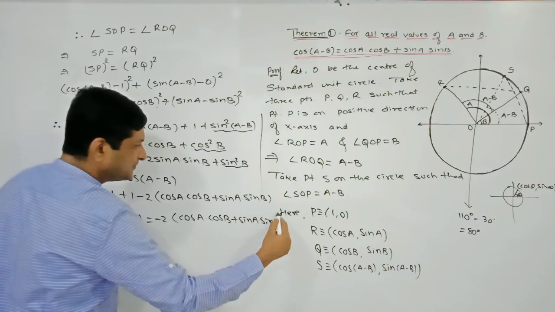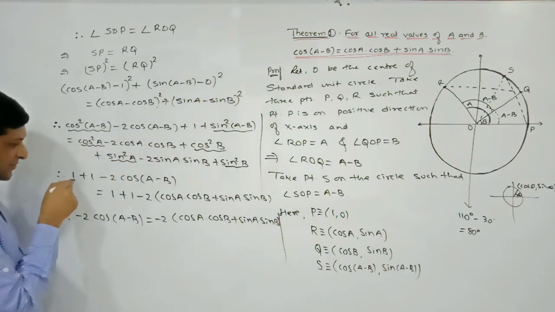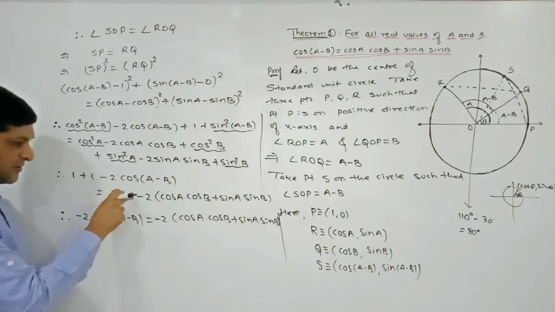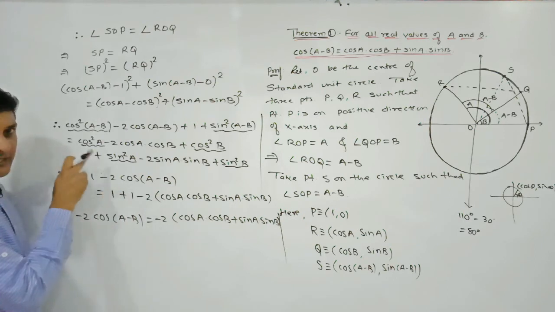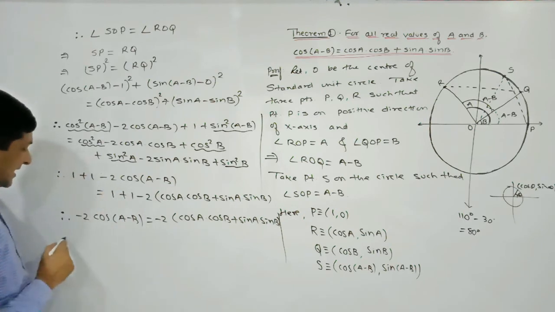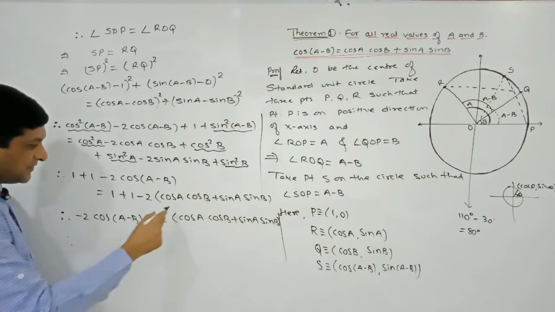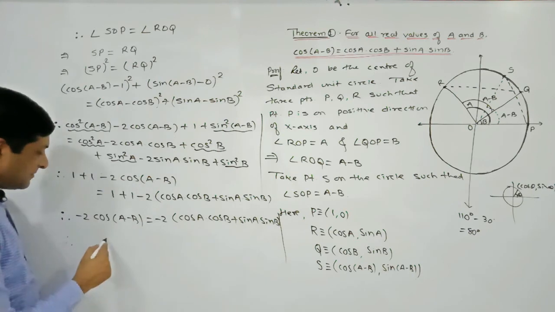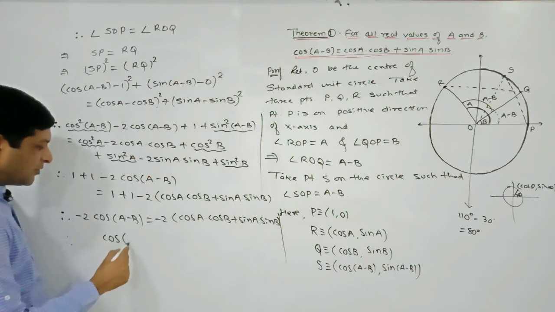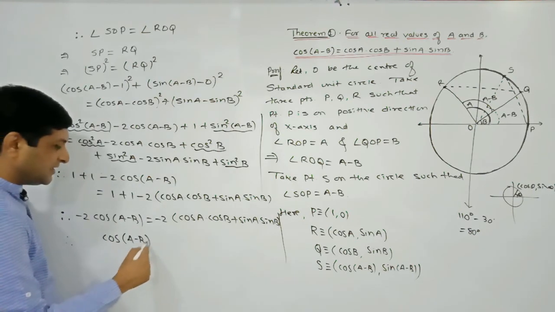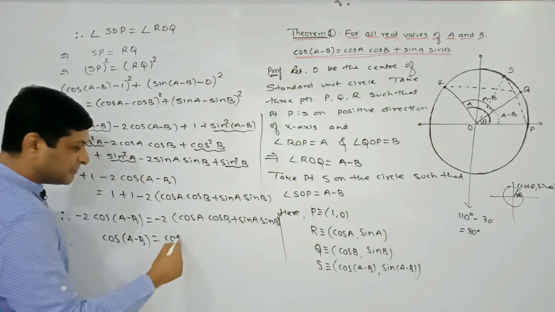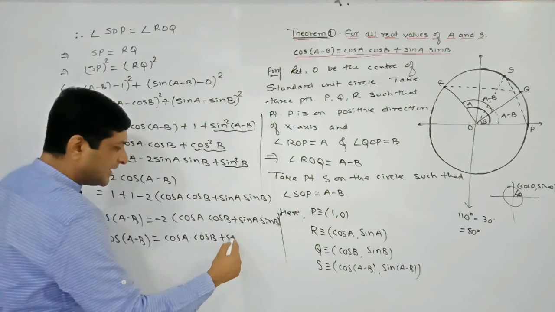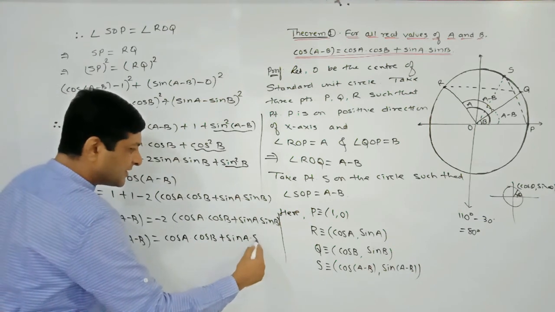Just simply we have cancelled 1 plus 1 is 2 and 1 plus 1 is 2, and the 2 and 2 on both sides will get cancelled. After cancelling minus 2 on both sides, the remaining term on this side is cos(a minus b), and on this side the remaining term is cos a into cos b plus sin a into sin b. Check whether it is our required result.